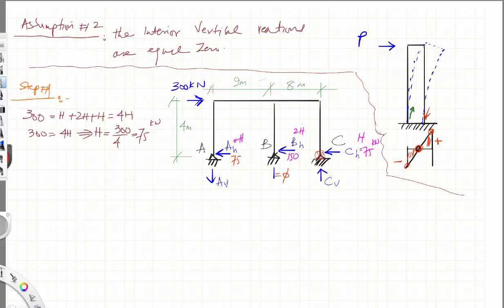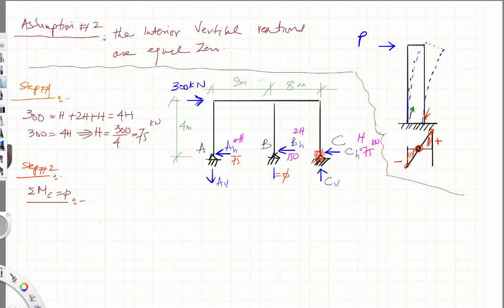Okay, so now I will be able to take moments about this point. If I take moments about this point, step number 2 is sum of moments about point C is equal to 0.